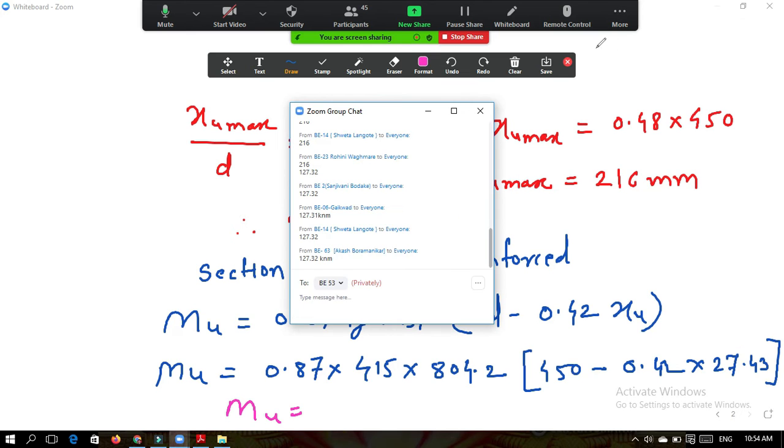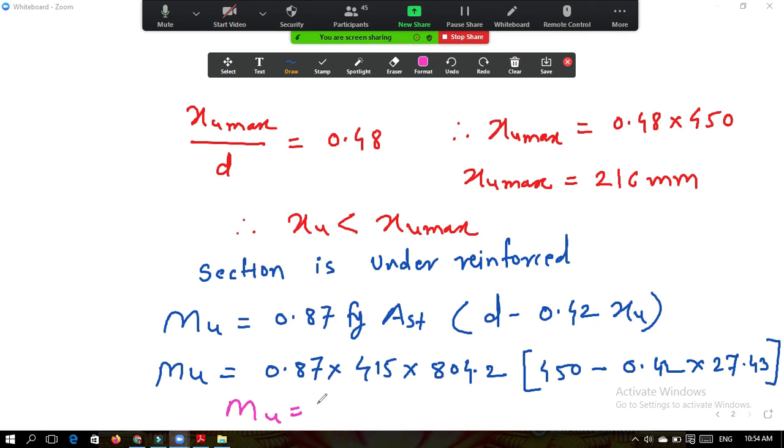So the answer is 127.32 kilonewton meter. So this is the value of MU for which we got the answer. Okay. So now we will take the next numerical. So is it over? We will move to the next problem.